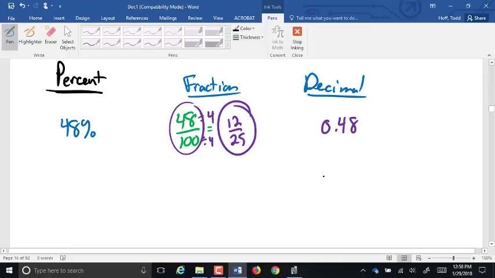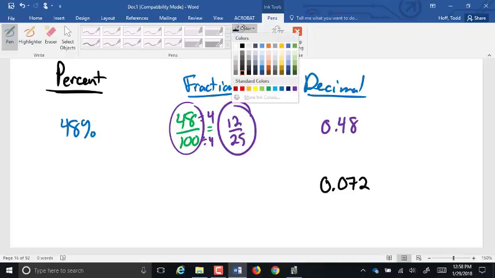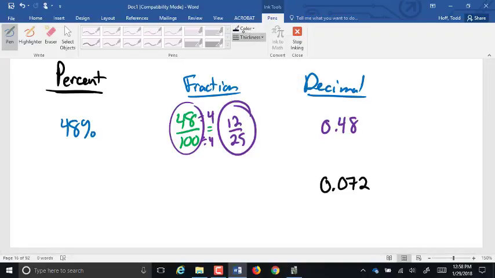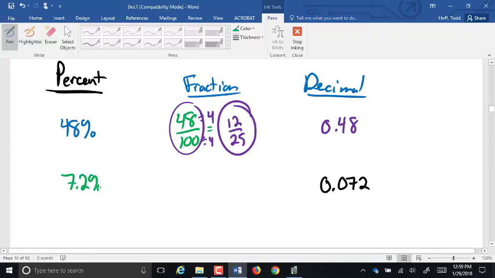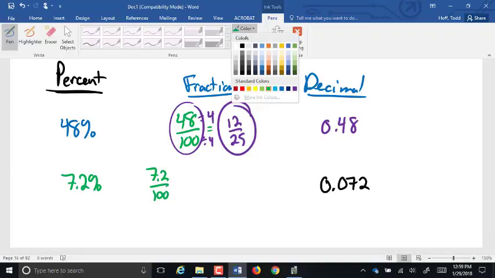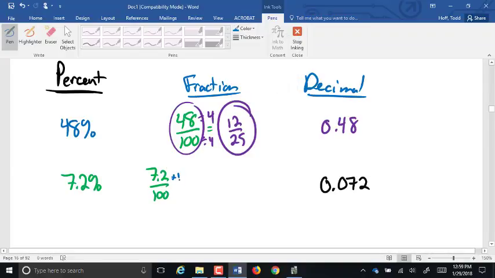But what if I give you a decimal of 0.072? 7.2%. Okay. How about for fraction? 7.2 over 100, but we have to get rid of that decimal. Since it's one spot, we would multiply by 10. It would be 72 over 1,000.